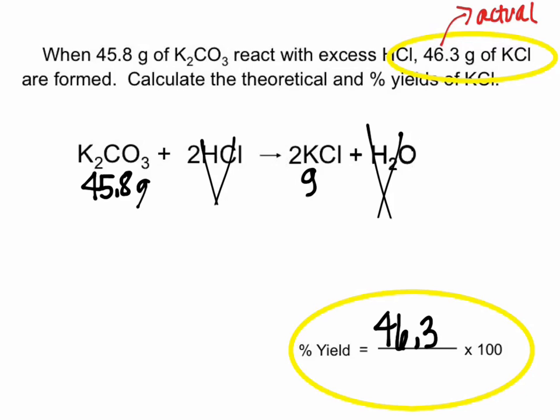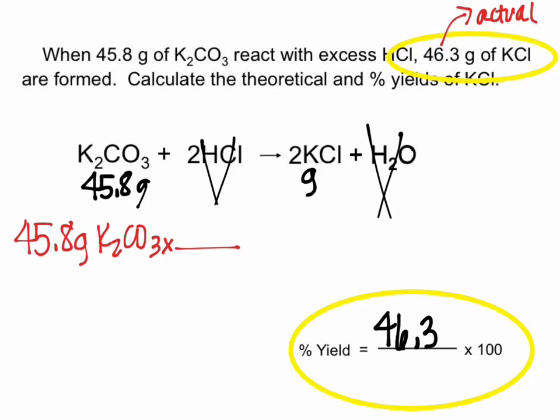Okay, so our next step. Start with what we're given. We are given 45.8 grams of K2CO3. What's our next step? Molar mass of K2CO3.